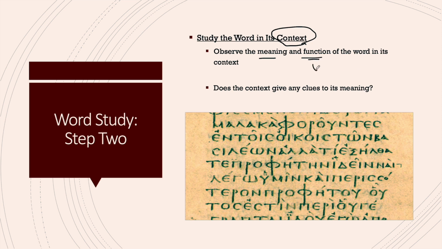So particularly what part of speech it is in the sentence, or is it in a place where the author has real emphasis? So as you look at the passage, think about syntactically how the parts are working together within the larger whole.